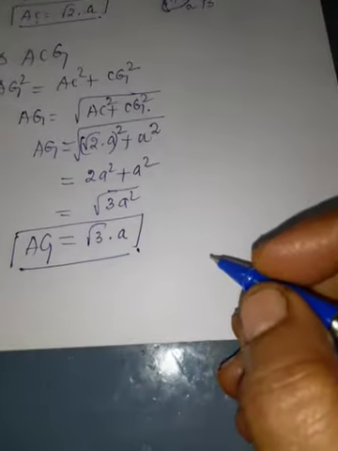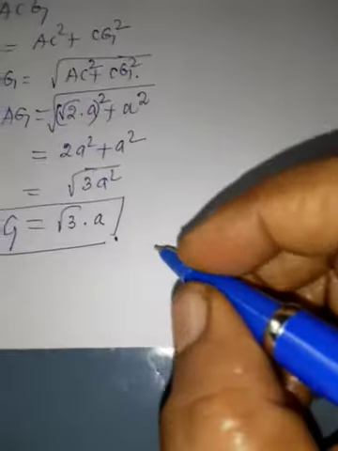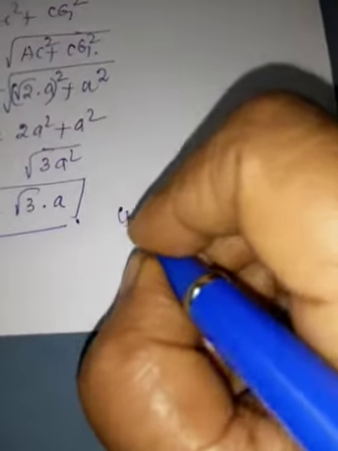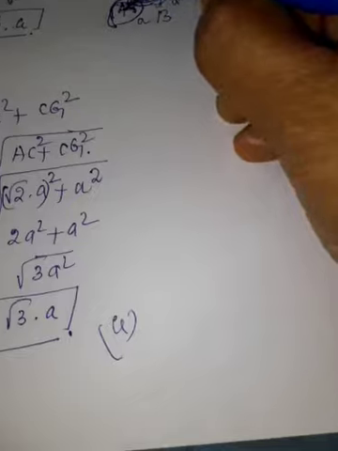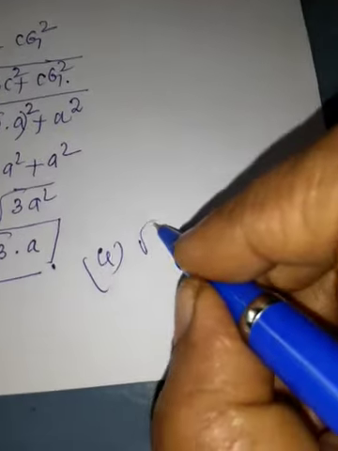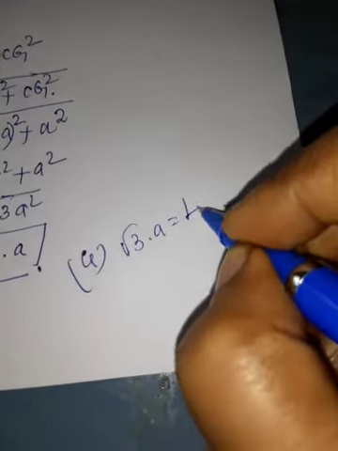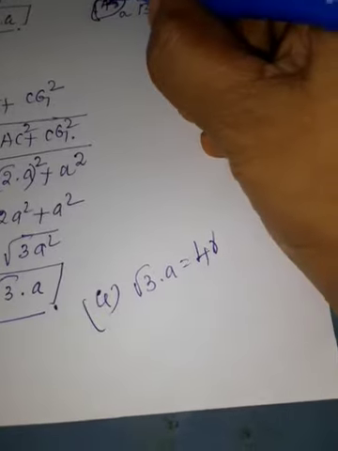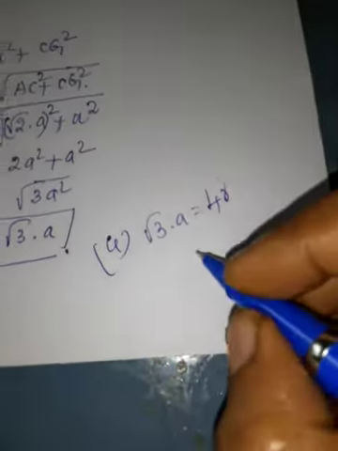Okay, sorry. Here AG is equal to root 3 into a, that is equal to 4r, that is r plus r plus r plus r.